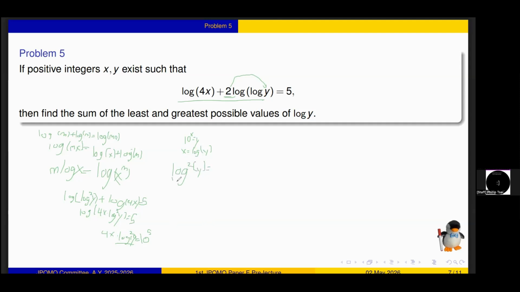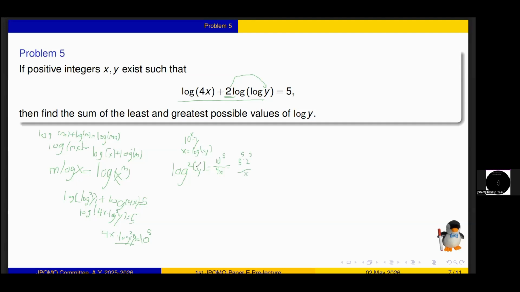So in other words, this equals 10 to the fifth over 4x, which is equal to 5 to the fifth times 2 cubed over x, right?